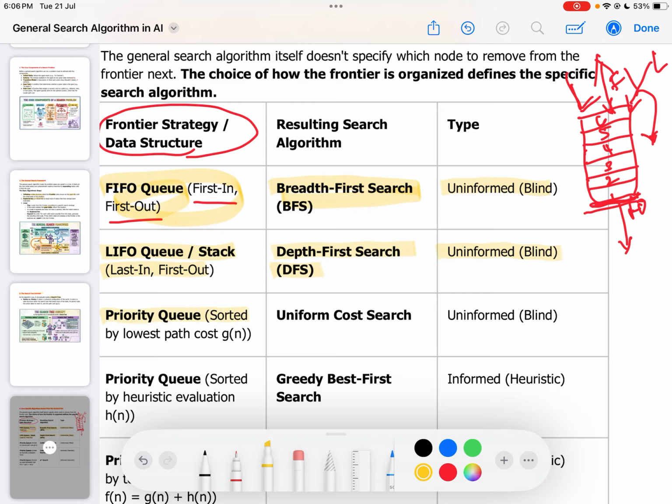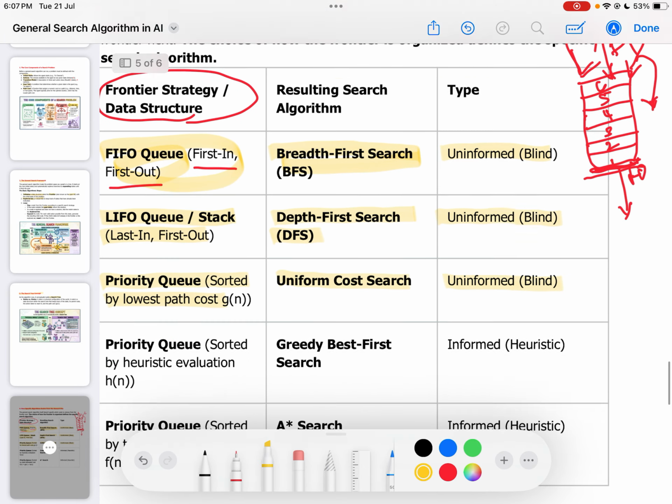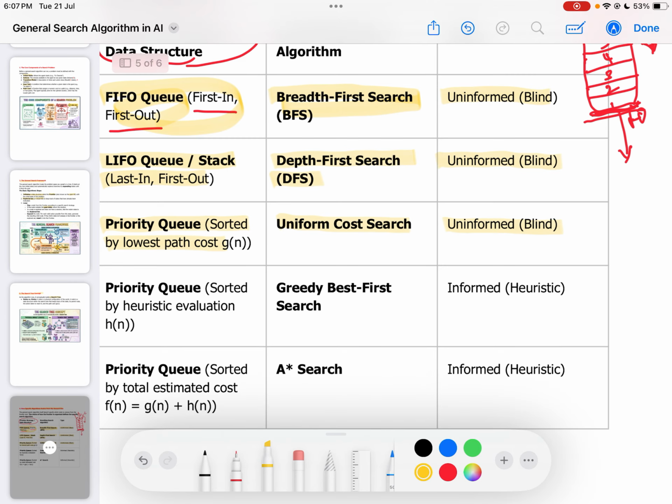Third is priority queue. It goes by the lowest path cost that is available. Here, uniform cost search is there. For every path, there is a cost that is fixed. This is also uninformed. Next is priority queue by heuristic evaluation.